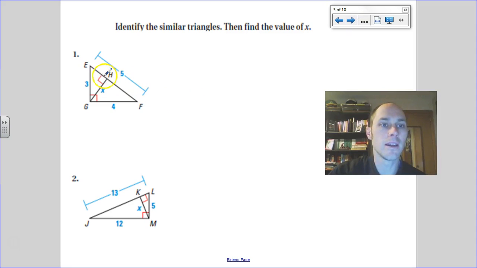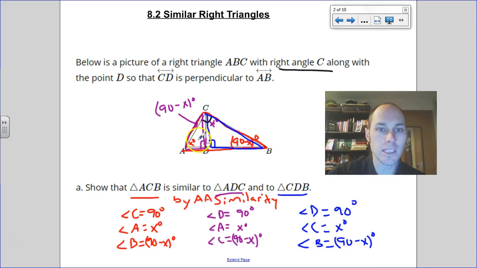We just got to find, since we know this altitude splits these two triangles, actually all three of them, into similar triangles, we just got to figure out which proportion we'll use to match up the corresponding parts. Because we see that the purple to the blue one, it just rotates over.